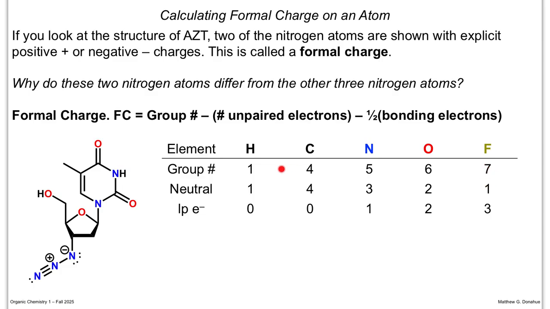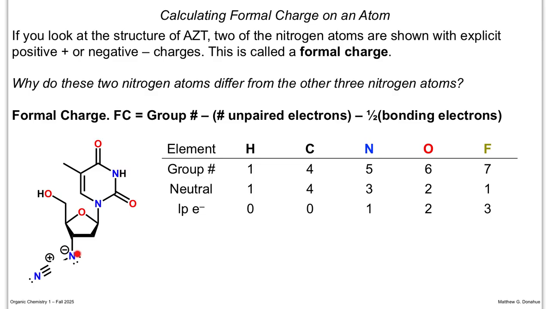So you take that group number minus the number of unpaired electrons minus 1/2 the bonding electrons. So this was that molecule AZT. And you'll notice in this collection of atoms here, that nitrogen's negative, that one's positive. Why is that?